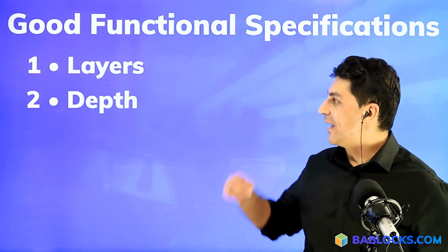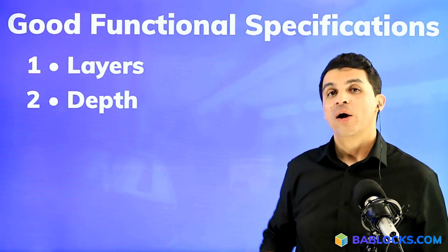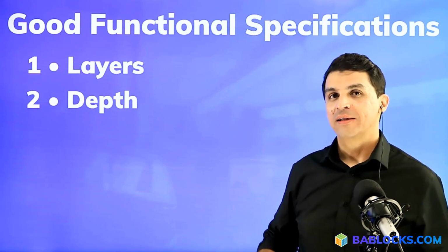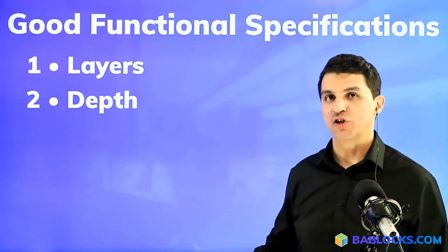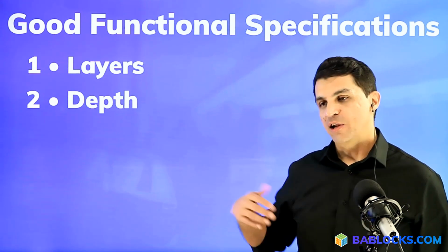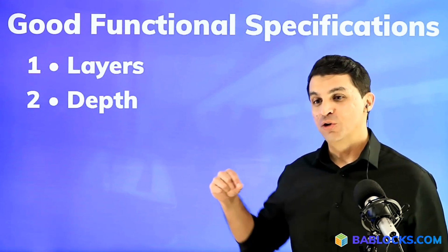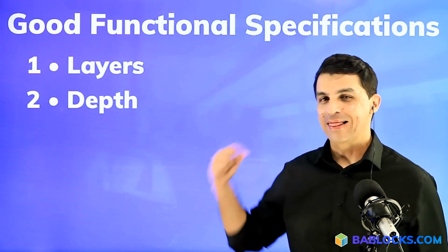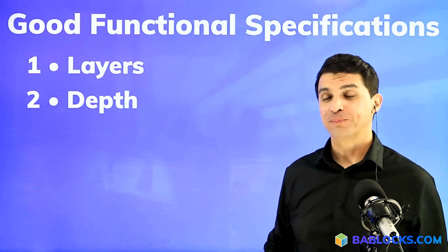The second element that goes into producing good functional specifications has to do with the level of depth or the level of details that you're capable of providing for each of the functional specifications that you produce. There are some developers out there who are not as keen at getting to the level of detail, to the field level or field length level of detail in some of the functional specifications.